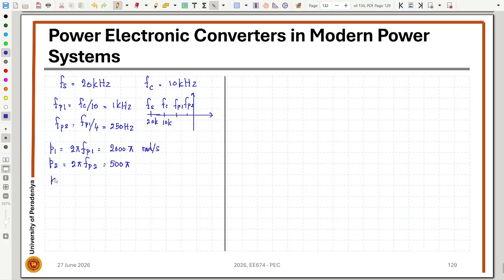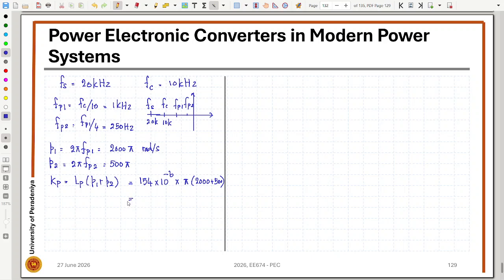So now we can find Kp as Lp times (P1 + P2). Lp is going to be 154 times 10 to the minus 6, and P1 plus P2 we can write as 2π times (2000 + 500).